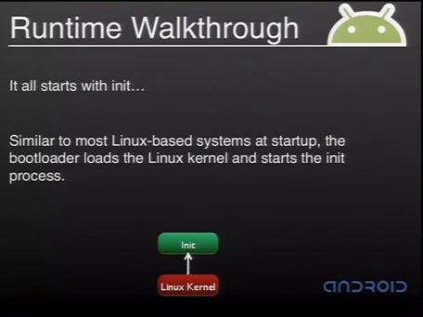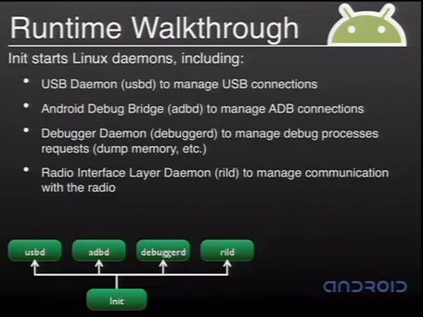Like any Linux-based or Unix-based system, at startup, the bootloader is going to boot Linux, and it's going to kick off the init process. This is similar to how any Linux system really starts up. The first thing init is going to do on Android is start some low-level processes called Linux daemons. And these are typically used to handle things like low-level hardware interfaces.